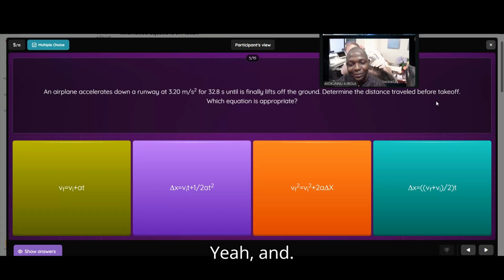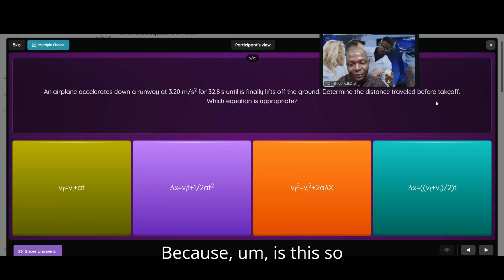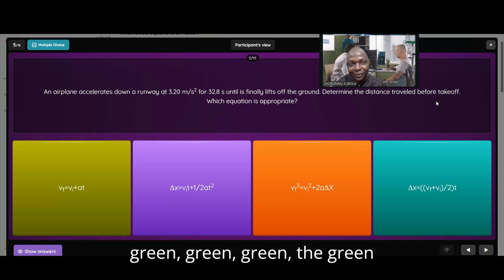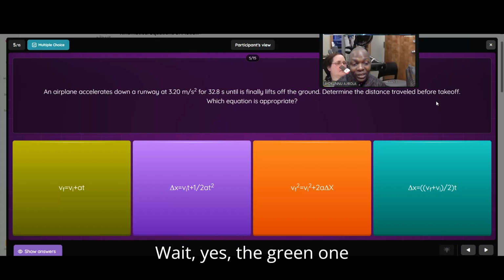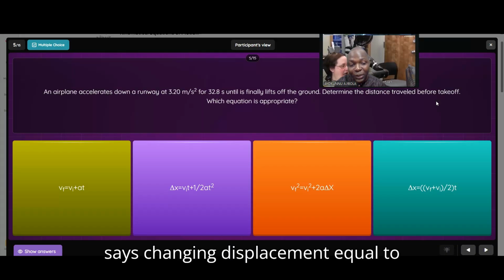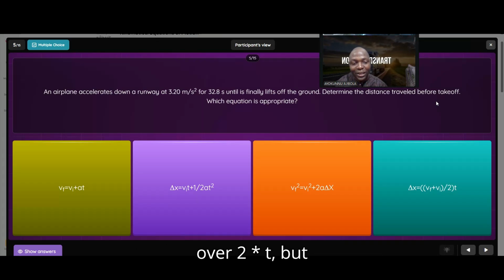Is this one green? The green one says change in displacement equals initial velocity plus final velocity over 2 times t.